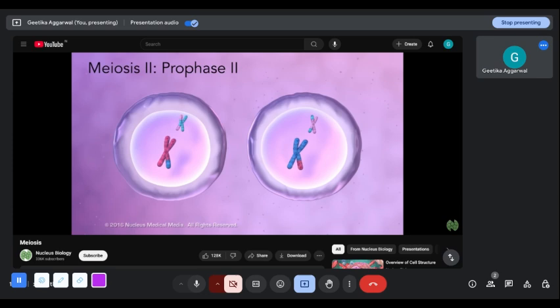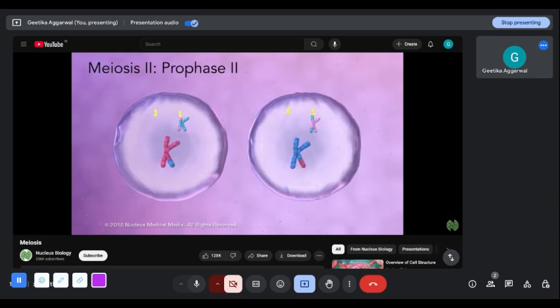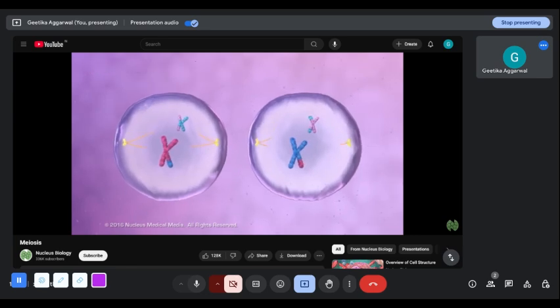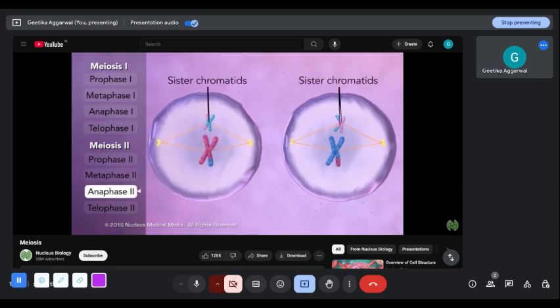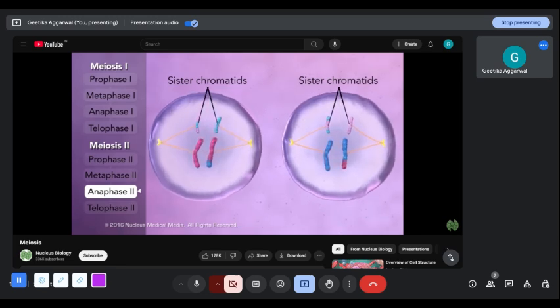Once again, in prophase 2, the nuclear membrane disappears, and spindle fibers fan out from the two sets of paired centrioles. During metaphase 2, the chromosomes in each cell line up at the equator and attach to spindle fibers from both poles. During anaphase 2, the sister chromatids of each chromosome separate and move to opposite poles.